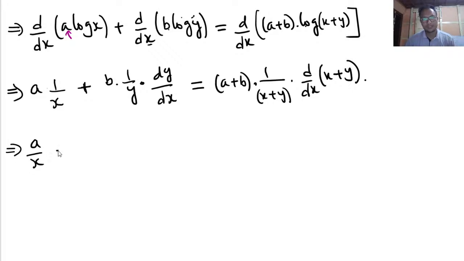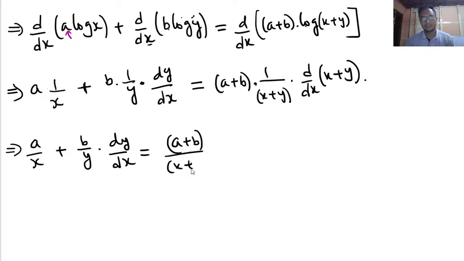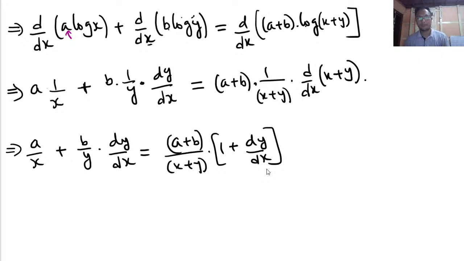It will be a by x plus b by y dy by dx equals a plus b divided by x plus y, and if you differentiate x, it will be 1 plus dy by dx, right? Up to this we have, and we have to prove dy by dx is y by x.